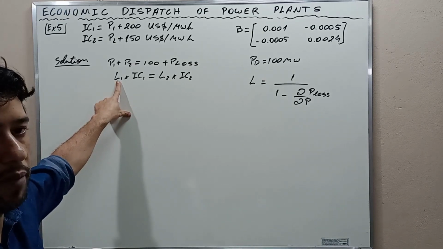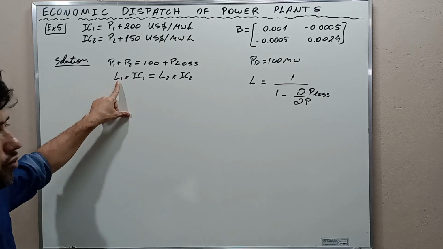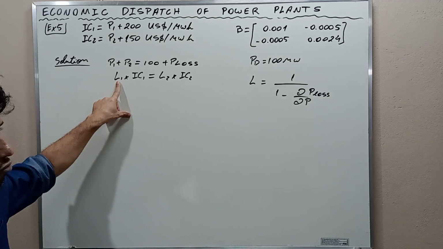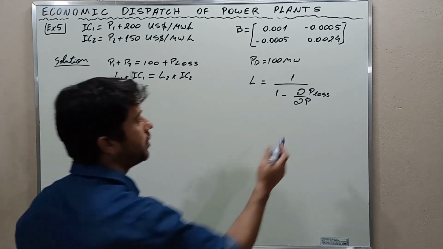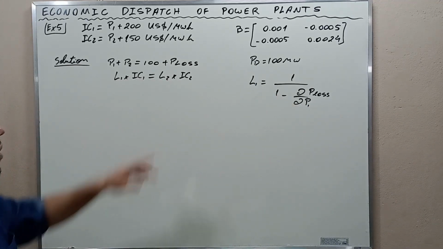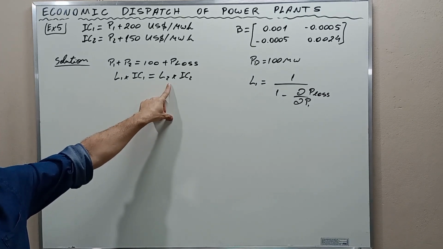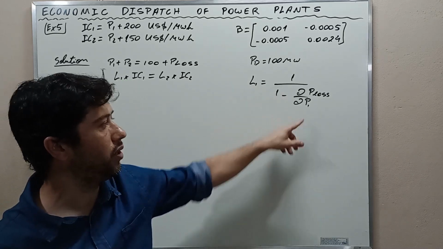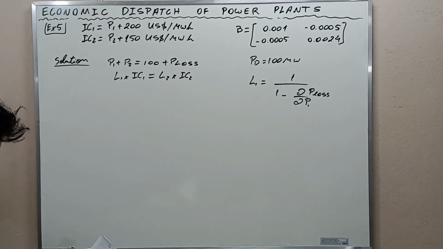When we are talking about the penalty factor associated with power plant 1, then this is going to be 1 and 1 here. When we are talking about the penalty factor of power plant 2, then here will be 2.